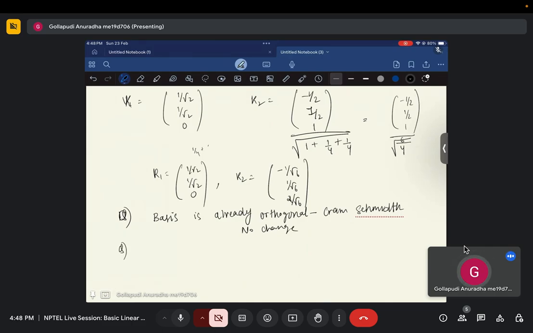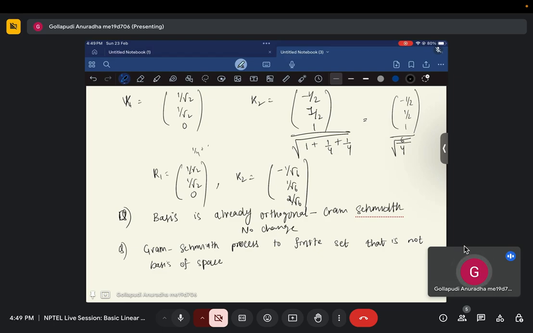Okay, so next, another true or false question. If you are doing the Gram-Schmidt process for a finite set that is not a basis of a given space, then what are you expecting to get?